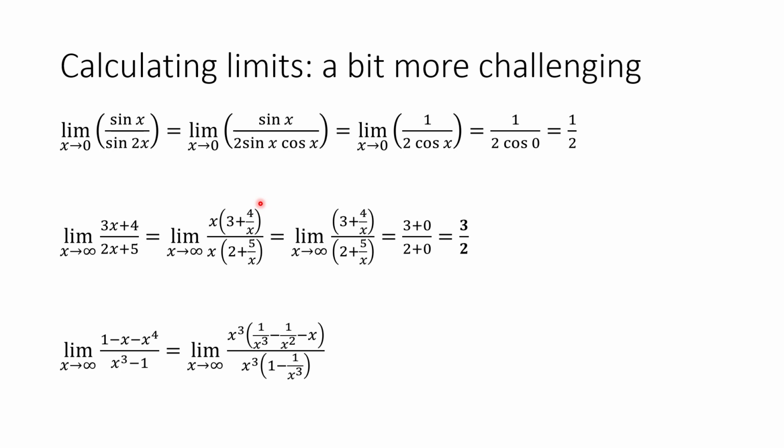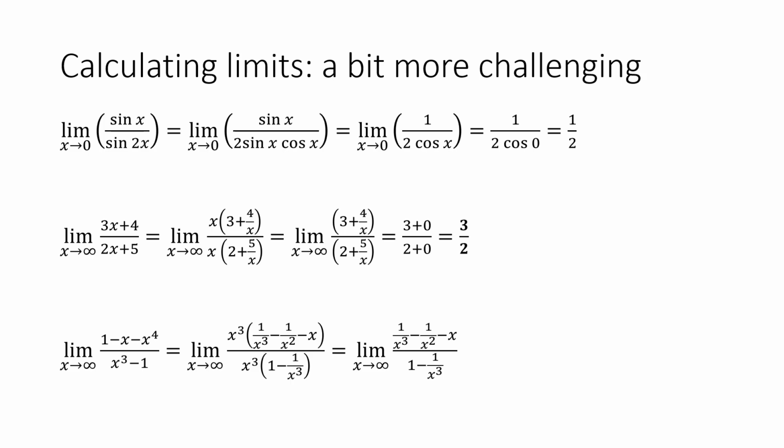So you can see here the highest power in the denominator is x cubed, and what we're going to do then is divide everything in the numerator and everything in the denominator by x cubed, factoring that out and canceling it. And this is what we'll get in both the numerator and denominator.